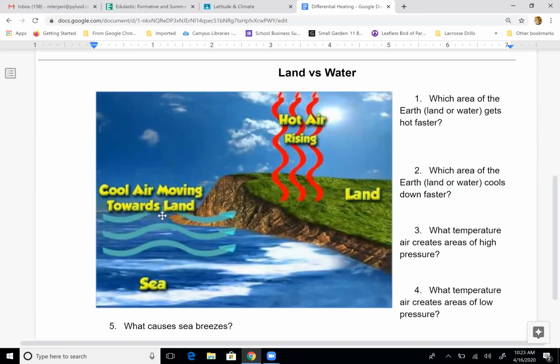Okay, so when that happens, you have a sea breeze, because cool air is displacing, taking the place of hot air. So you have a sea breeze happen, and this is the differential heating between land and water. Again, land heats up much faster and cools down much faster than water, which is slow.